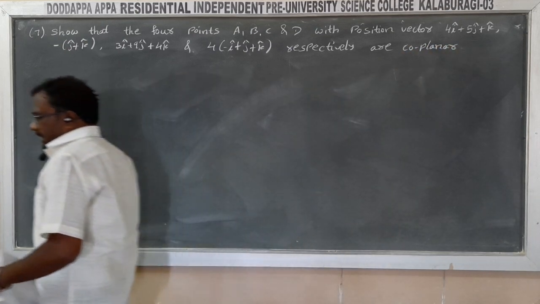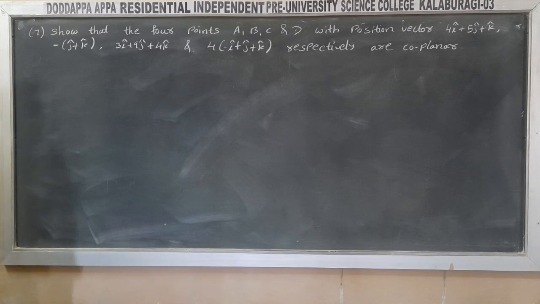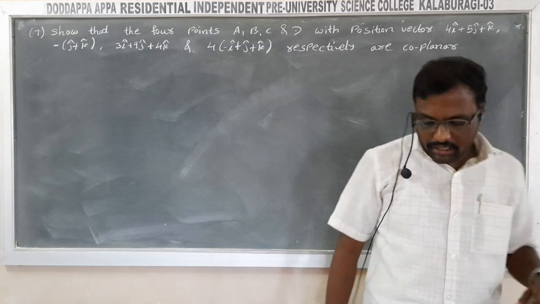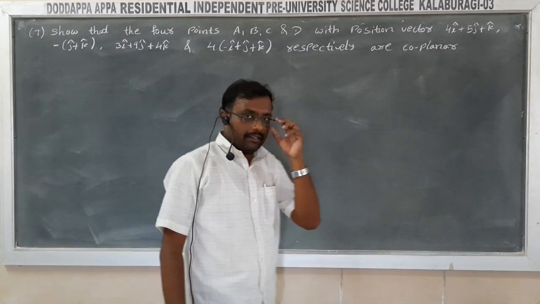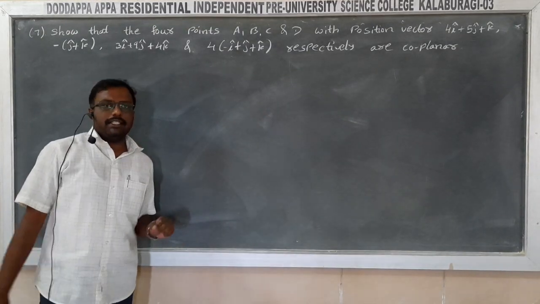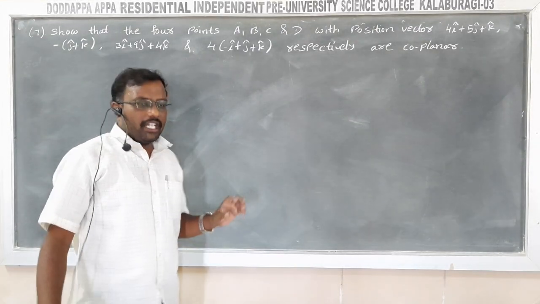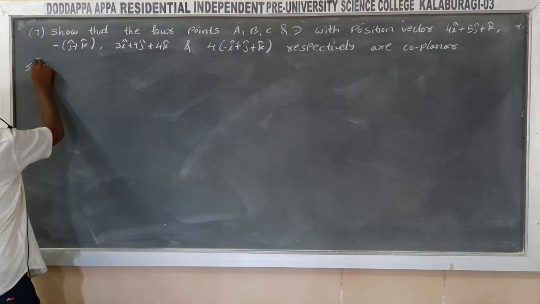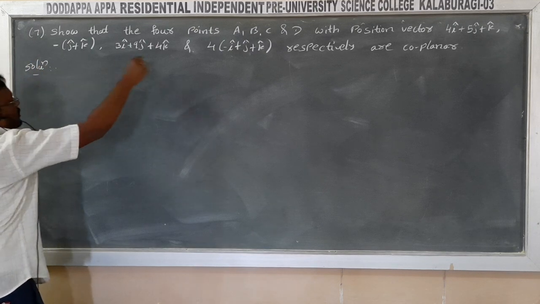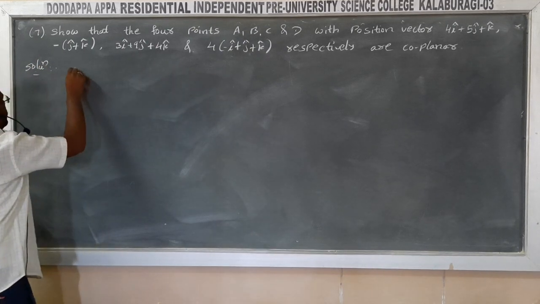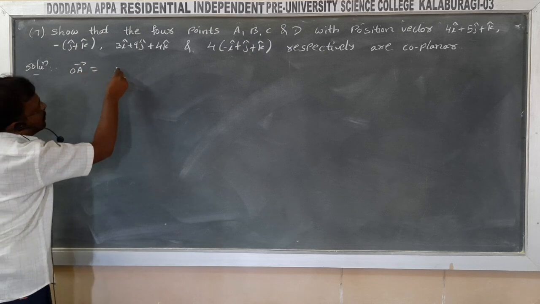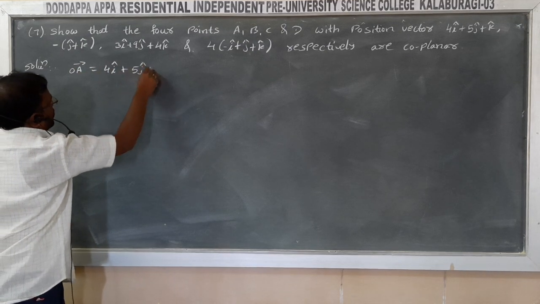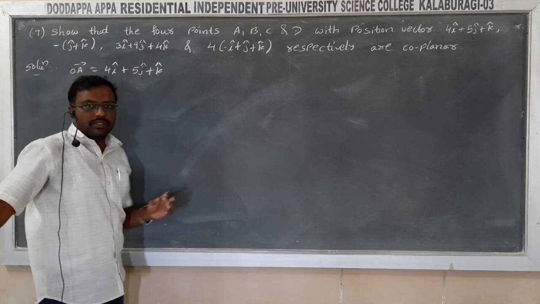Okay, so here how many points are given? 4 points are given, right? Here you can prove that these are coplanar. When they give 4 points, you can find out AB, AC and AD. So first of all, the first point is considered as the OA vector. OA is equal to 4i plus 5j plus k.